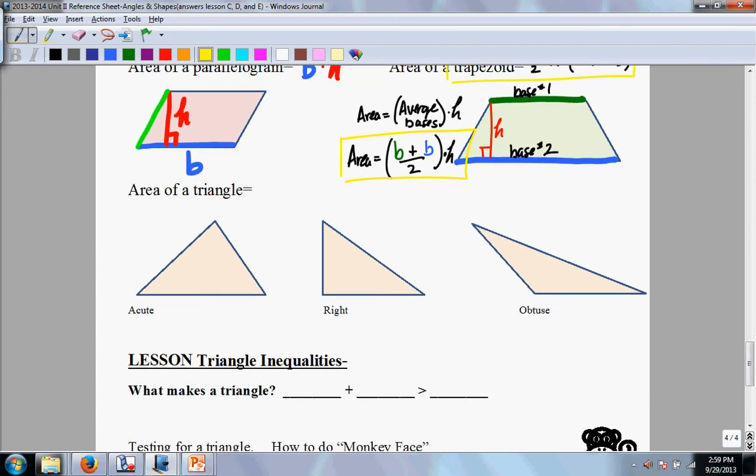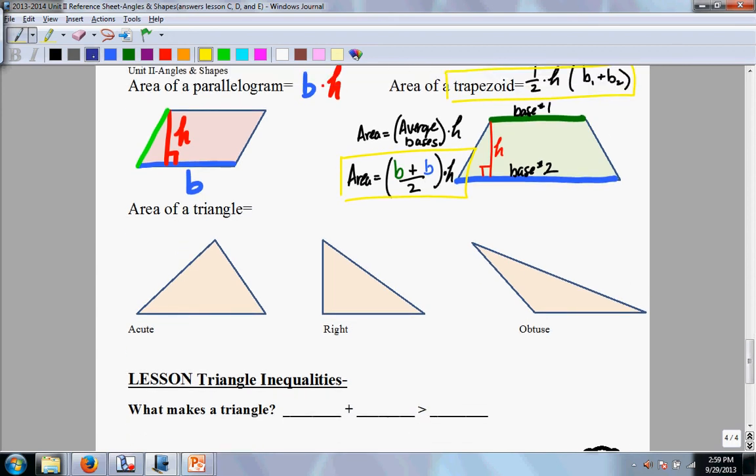Area of a triangle is basically half a parallelogram. So here you have parallelogram, base times the height, and it's half of it over 2. Now that's the basic equation for all triangles. However, there's a couple nuances here. When you have an acute triangle, your height is inside.